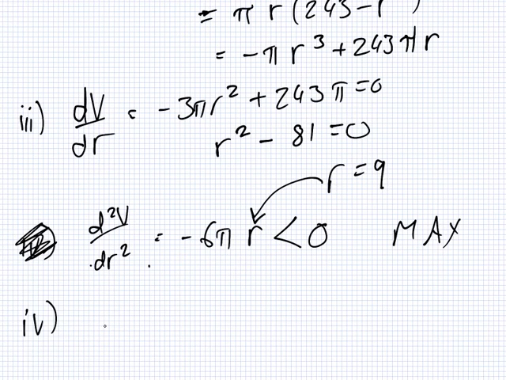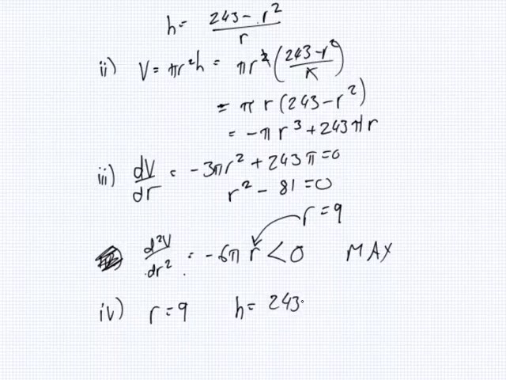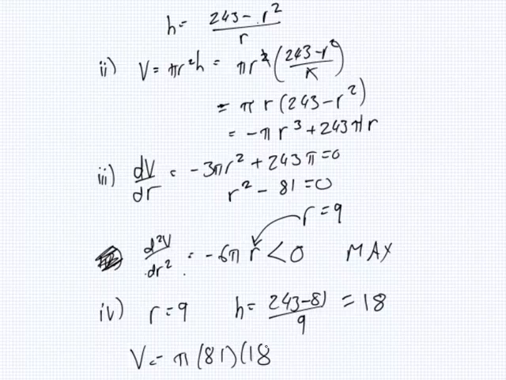Right, well, we know the r is 9, so we can get the h from the formula we were using earlier. H is 243 minus 81 over 9, which is 18. So then the volume will be pi r squared h.